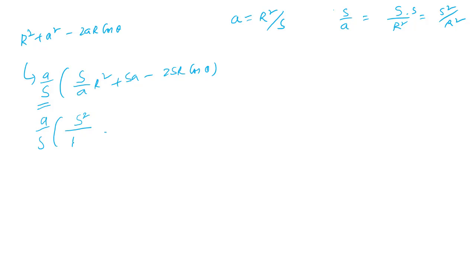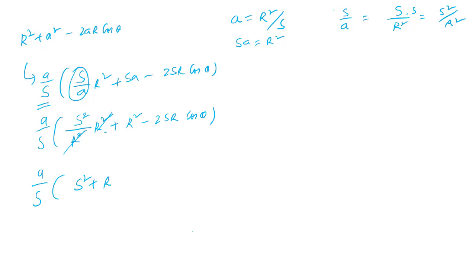So we get s squared by r squared instead of s by a here, and sa is equal to r squared. So then this is r squared minus 2sr cosine theta. Then this r squared and r squared get cancelled, so I would have a by s times (s squared by r squared plus r squared minus 2sr cosine theta).